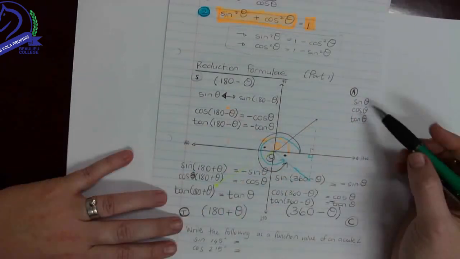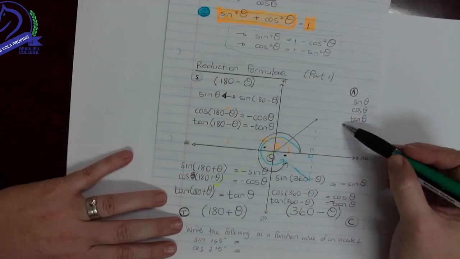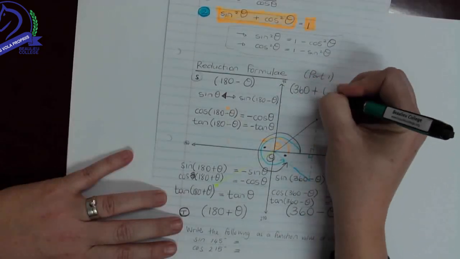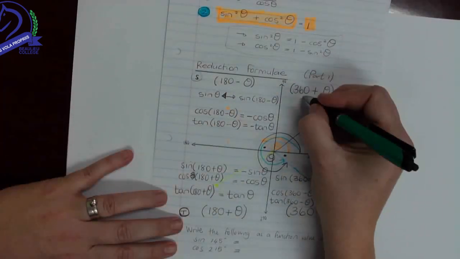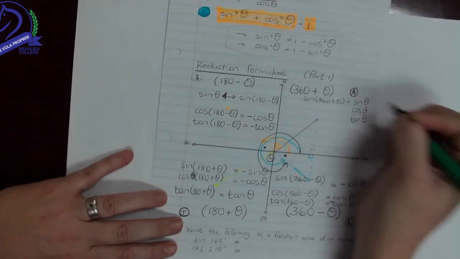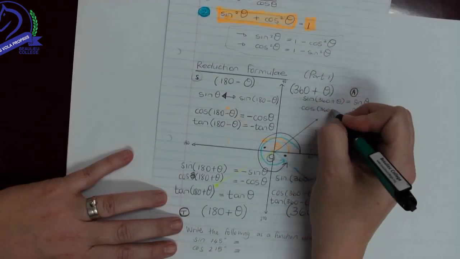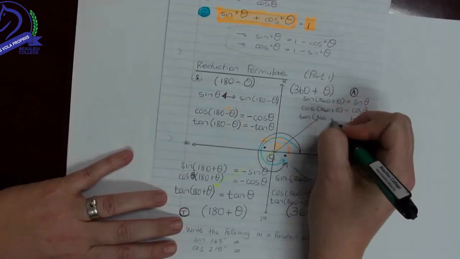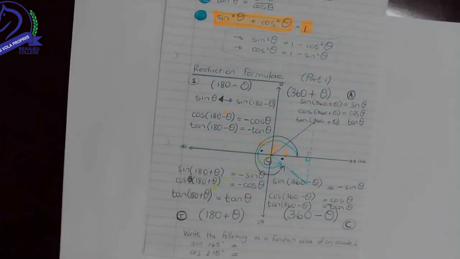So I know that it's normal sine, cos and tan, but they will also refer to the first quadrant as 360 plus theta. So instead of just saying sine theta, I can say sine 360 plus theta. Instead of saying cos theta, I can say cos 360 plus theta, and tan 360 plus theta. Okay, so that is all my reduction formula.